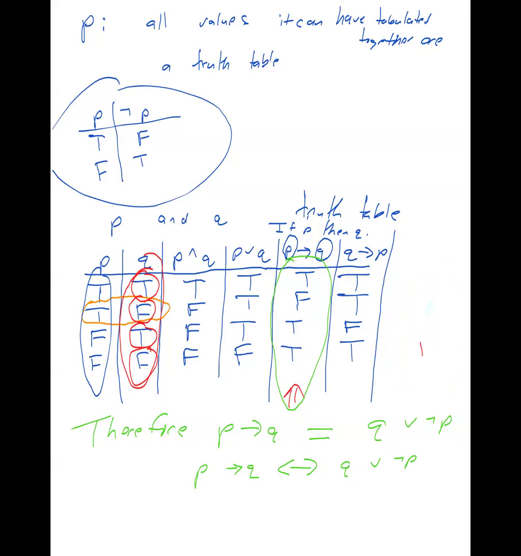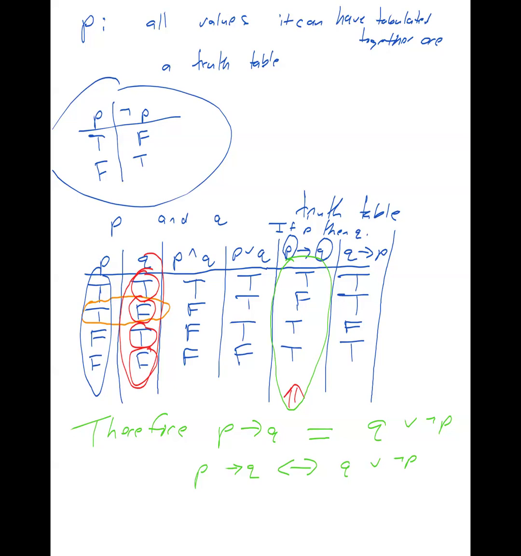That's not the same meaning as the original one, right? Obviously, you can tell P implies Q and Q implies P are not the same in every case. In 2 cases, it is the same. This is still the same, and that's still the same. But the other 50% of the time, it's not the same, right? So P implies Q and Q implies P are not always the same.